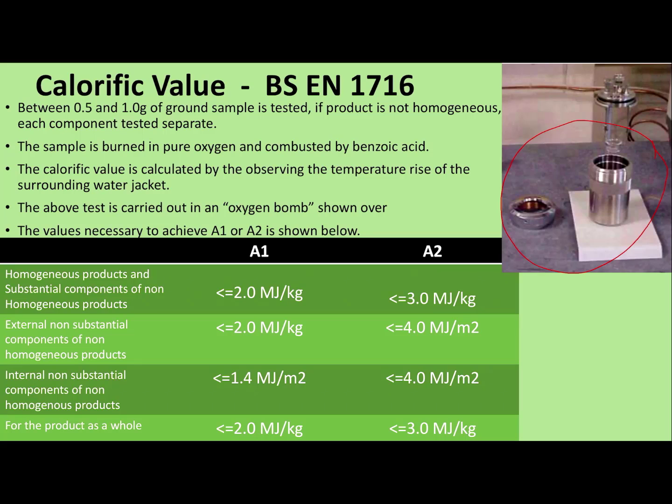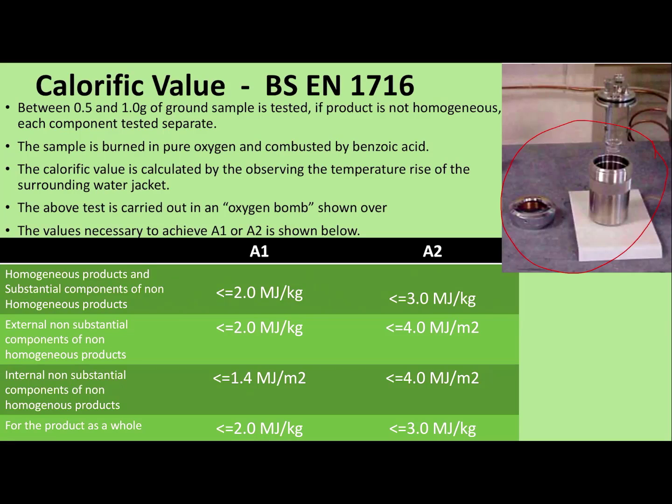Obviously that's going to create an explosion. The explosion will create heat, the heat will then transfer into a water jacket, and the rise in the temperature of the water jacket will determine the calorific value of the sample. And that's basically how it all goes down.